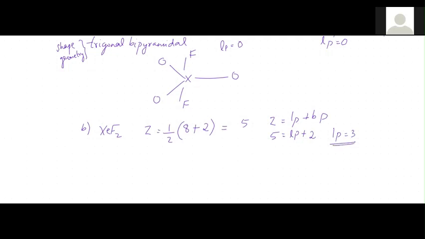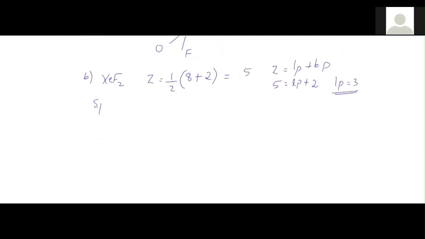Because the Z value is 5, it is sp3d, and the geometry is what? Trigonal bipyramidal. And for the shape, there is only one type of atom present, that is fluorine.